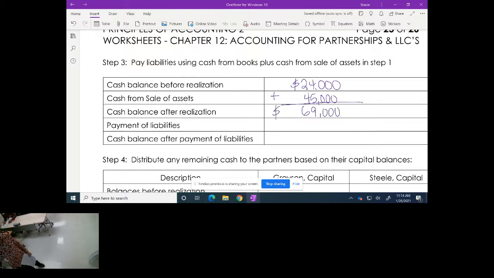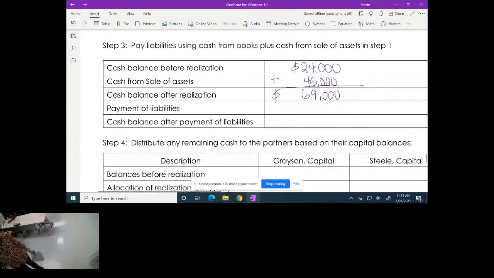That's what we're going to use to pay off our debts. We need to pay 14,000, so we subtract our debts from our cash. What do we have left after that? 55,000. So we have $55,000 that we can pay our owners, our partners.